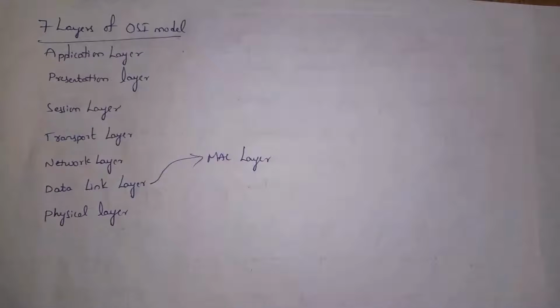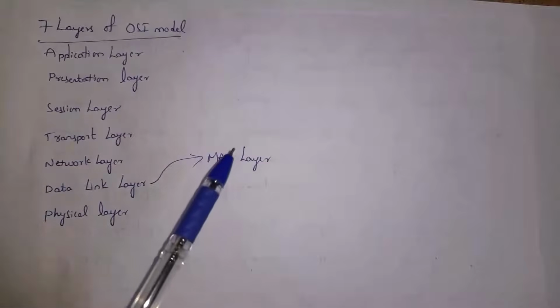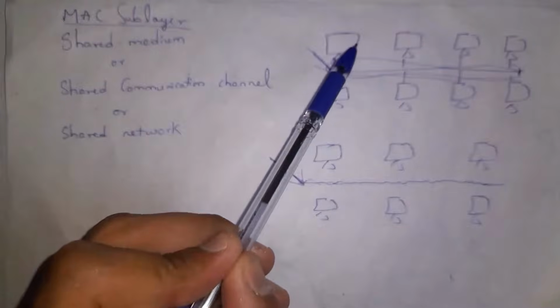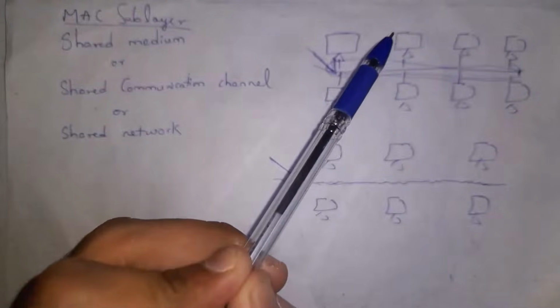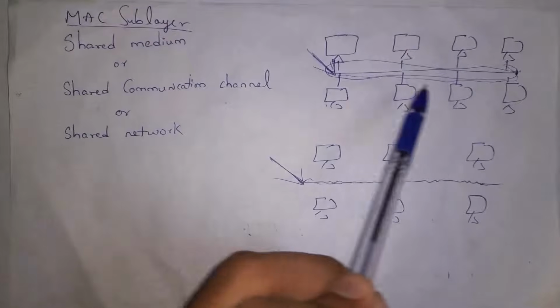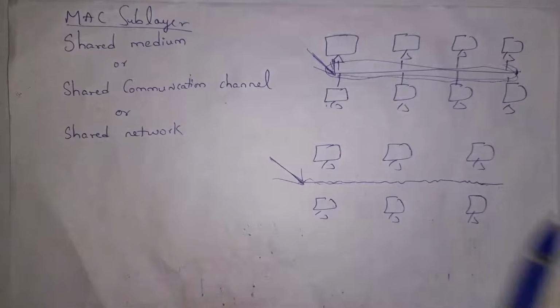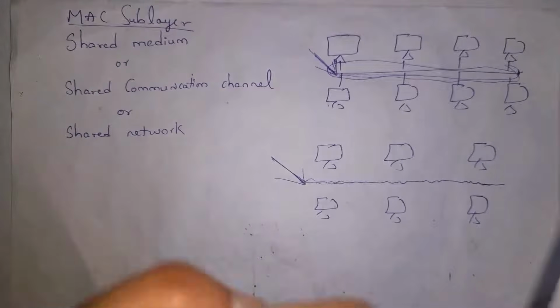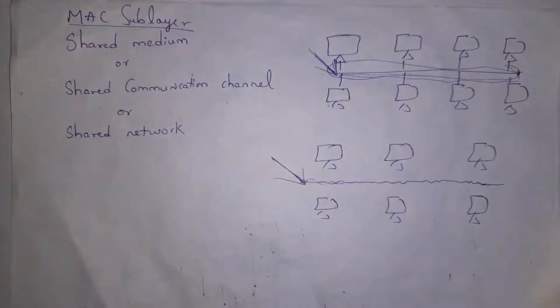The OSI model contains 7 layers, and the second layer is the data link layer, and the MAC layer is a sublayer of the data link layer. By using the MAC sublayer, multiple devices can communicate with each other using a shared medium without any interference. Shared medium is nothing but a single cable, where all devices are connected for communication.